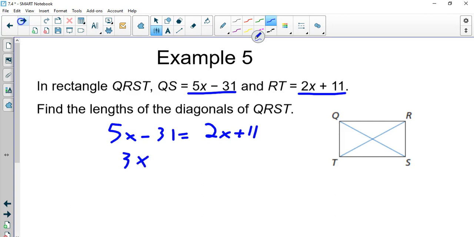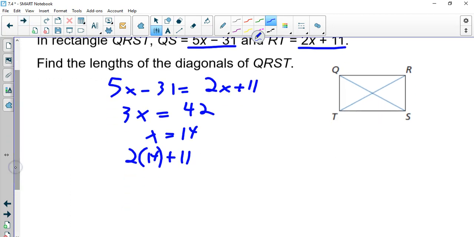Subtract 2x, add 31. X is 14. Plug 14 into either one or both. I'm going to do 2 times 14 plus 11. And that's going to give me 39. So both diagonals are 39.